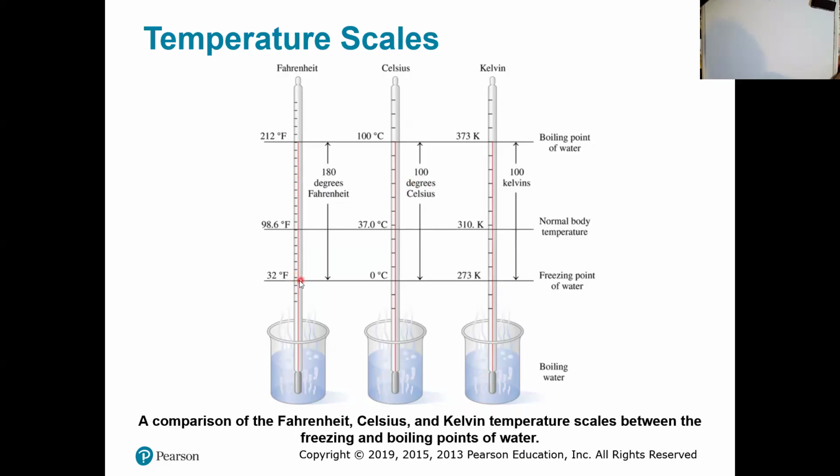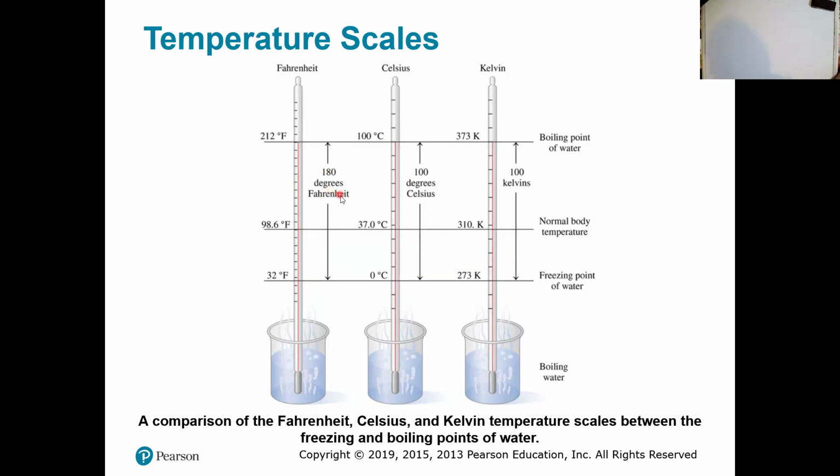So water freezes at 32 degrees Fahrenheit. Water boils at 212 degrees Fahrenheit. So if you look at the boiling temperature minus the freezing temperature, if you do that subtraction, you'll see that there's 180 degrees Fahrenheit between those two things.